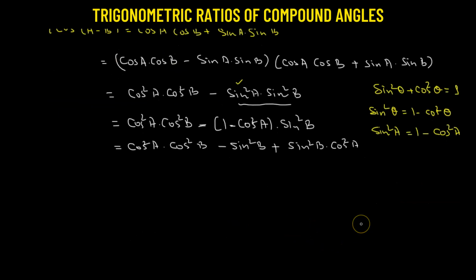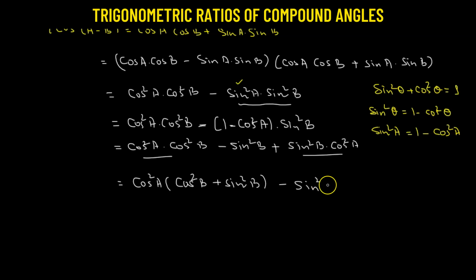Now we can combine the first term and the third term, because here we have cosine squared a as the common factor. If we take cosine squared a as the common factor, from the first term we'll be left with cosine squared b, and from the third term we'll be left with positive sine squared b. And we have the second term, which is negative sine squared b.